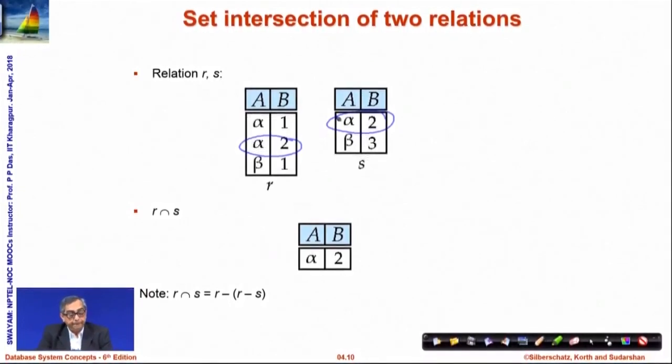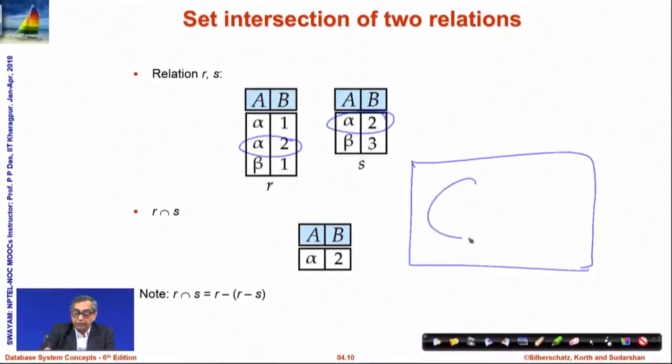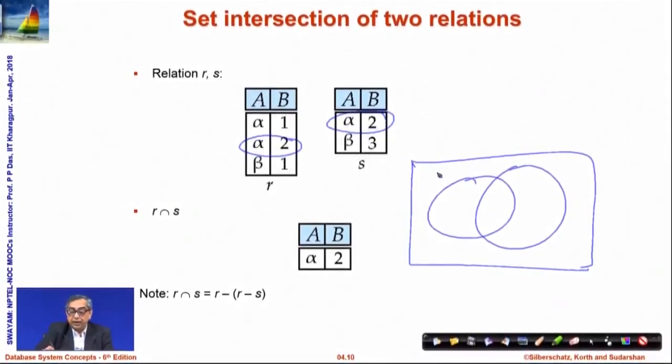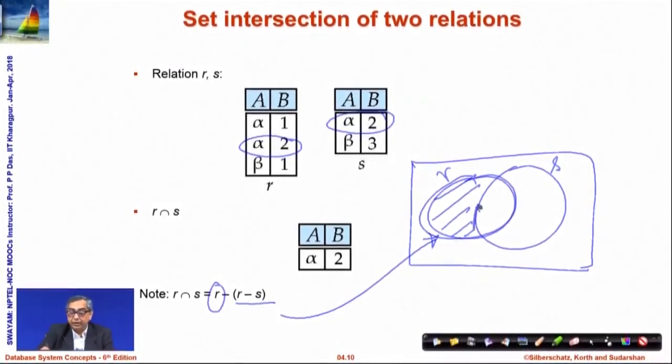As you are aware, set intersection actually is not a fundamental operation, because if I have R and S, then this is R minus S. Now, if I subtract this R minus S, which is this set, from R, which is this bigger set, then what will be remaining?